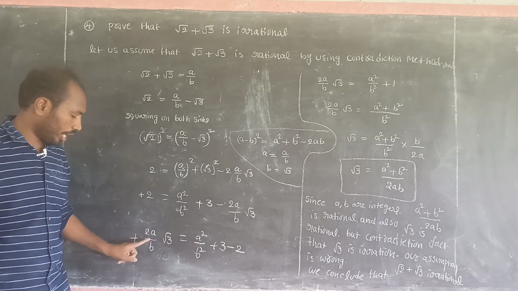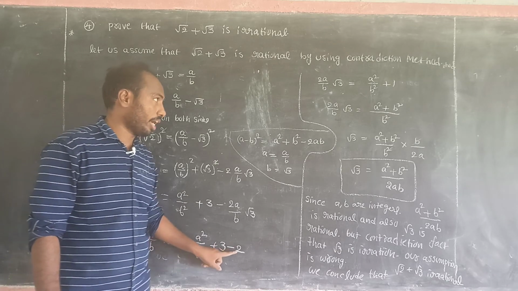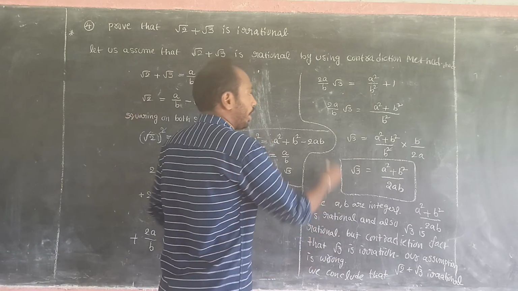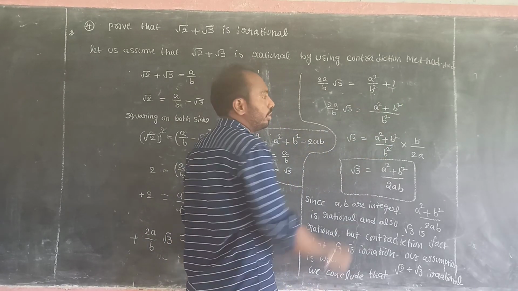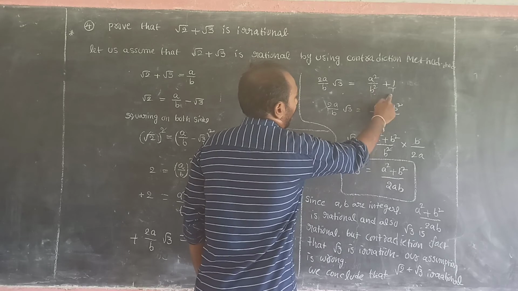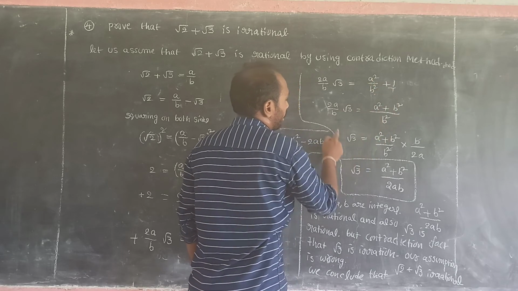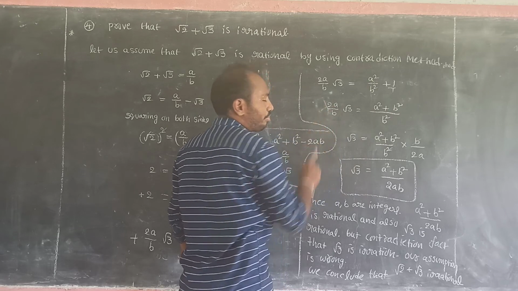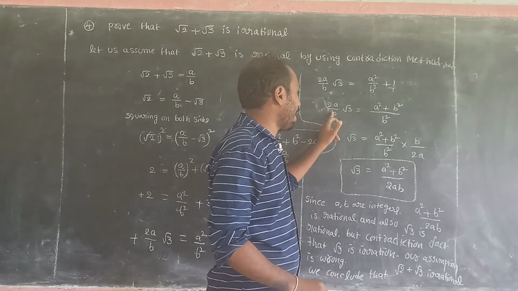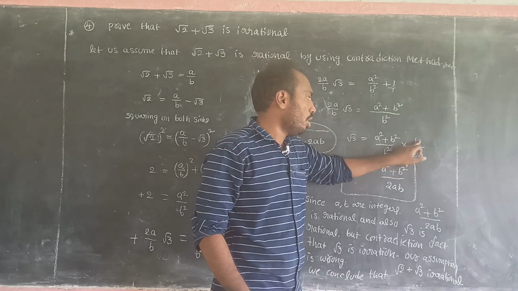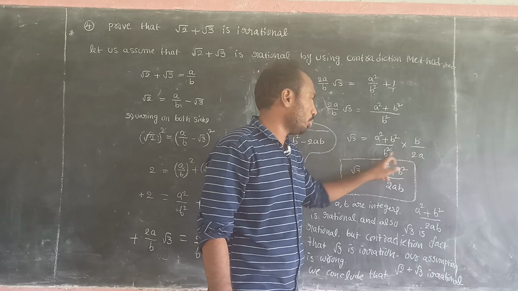So 2a by b root 3 is equal to a square by b square plus 3 minus 2, which means 1. 1 is written as 1 by 1. Cross multiplication: a square into 1, a square, plus b square into 1, b square. 2a by b is a fraction, transposing to the right side it is a reciprocal, b by 2a. b cancels. (a square plus b square) by 2ab.